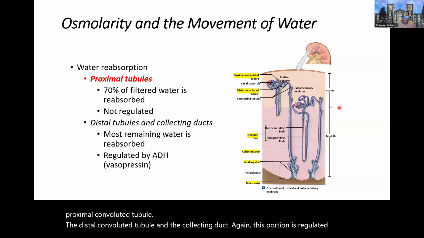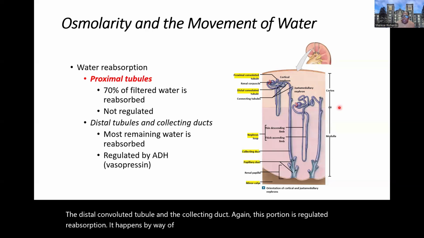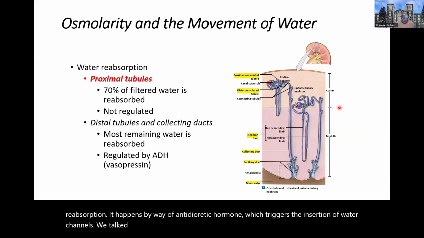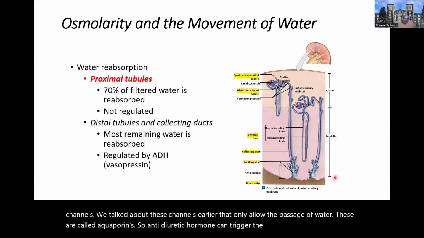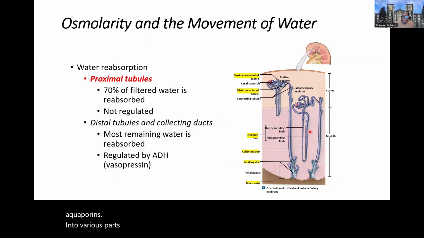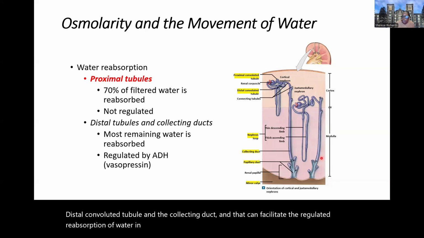It happens by way of antidiuretic hormone, which triggers the insertion of water channels. We talked about these channels earlier that only allow the passage of water. These are called aquaporins. So antidiuretic hormone can trigger the insertion of more aquaporins into various parts of the distal convoluted tubule and the collecting duct, and that can facilitate the regulated reabsorption of water in those later parts of the tubule.